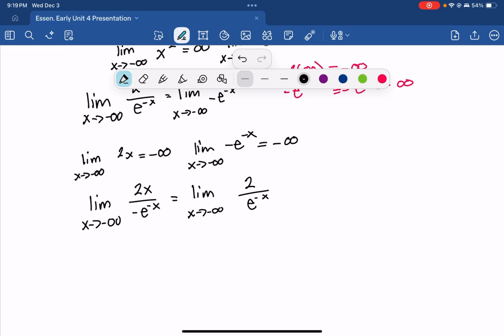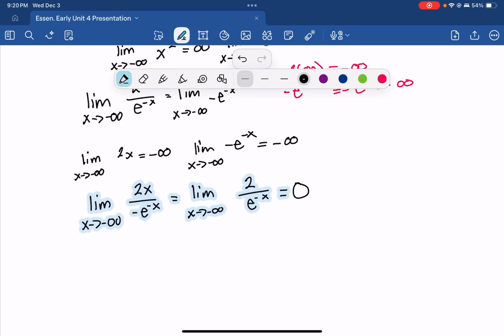Okay. From here, if I plug in that negative infinity, I'm going to get essentially 2 over a positive infinity, and 2 over a really, really big number gets close to 0.